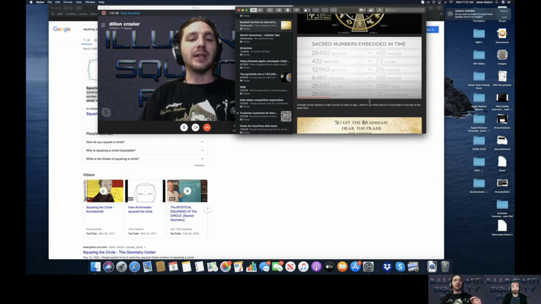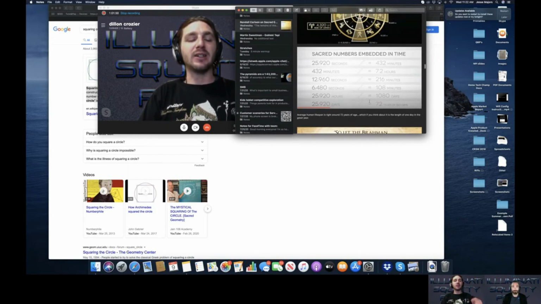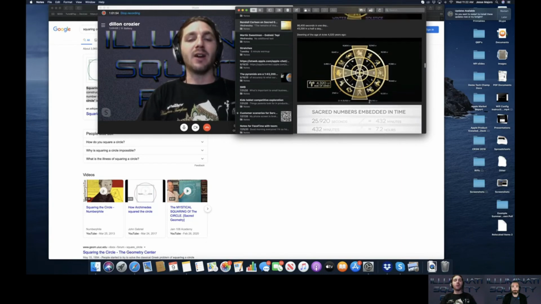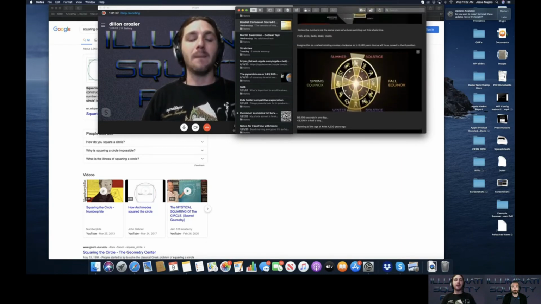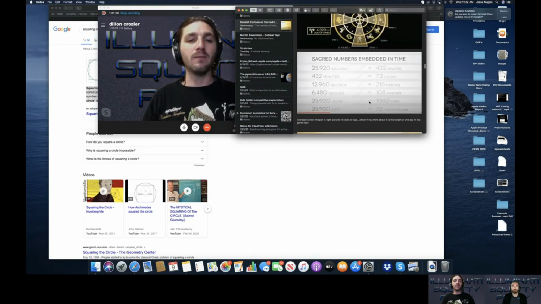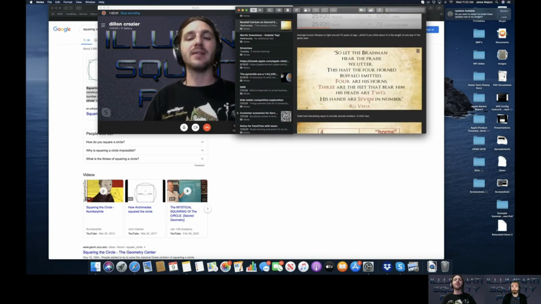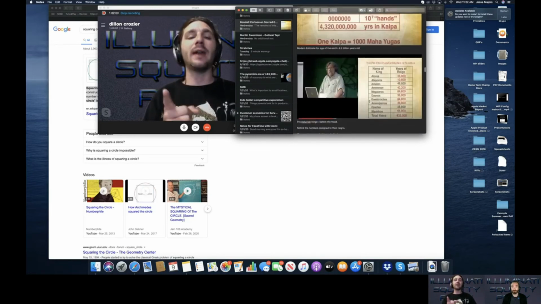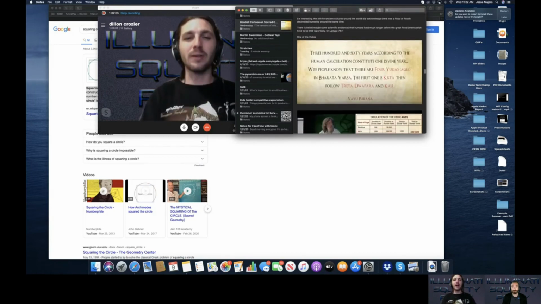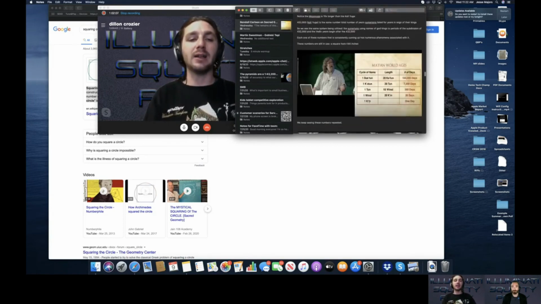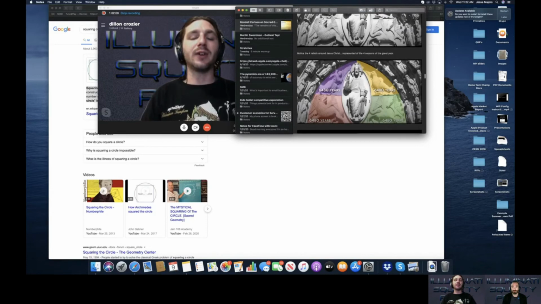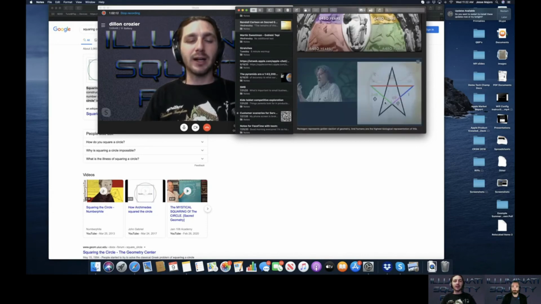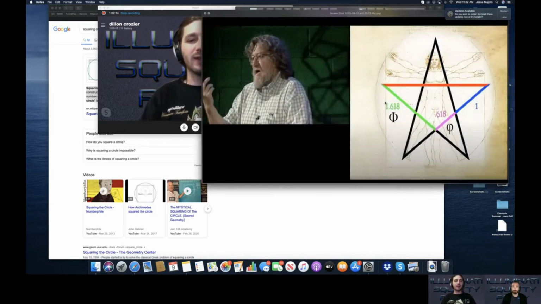The mile being a unit of measurement connected to the human body, because the mile is based off of 1,000 paces, mille in Rome. 1,000 paces of 5.28 feet on average. So the mile is based on the human body, which is based on the pentagram and the pentagon.